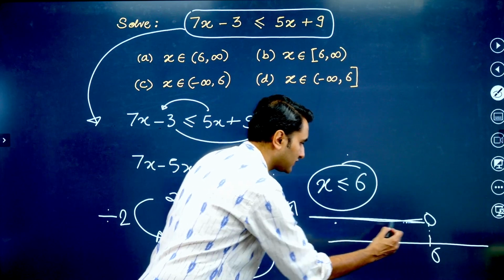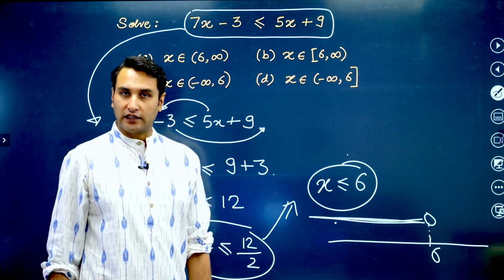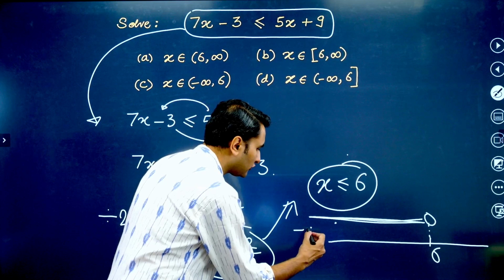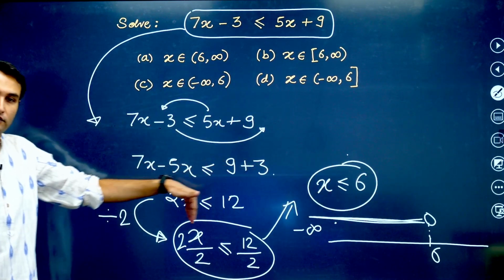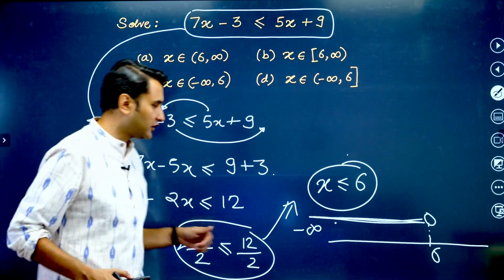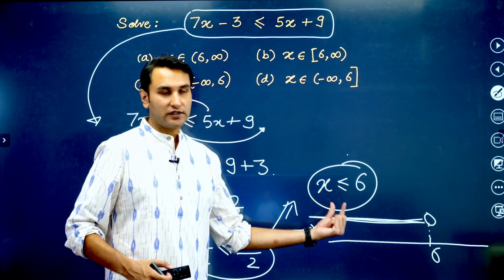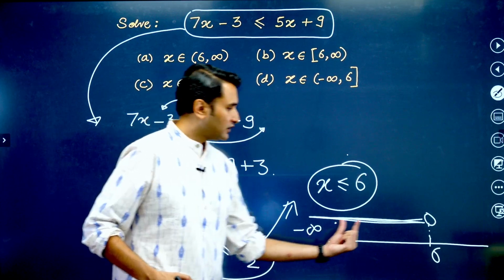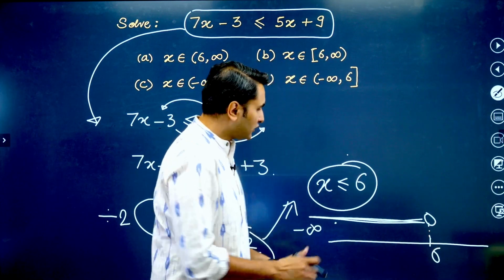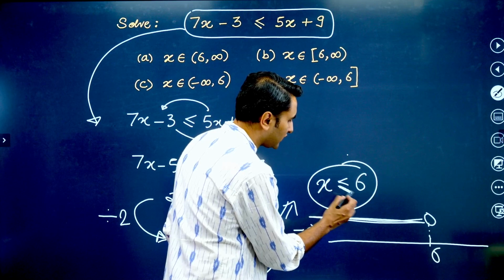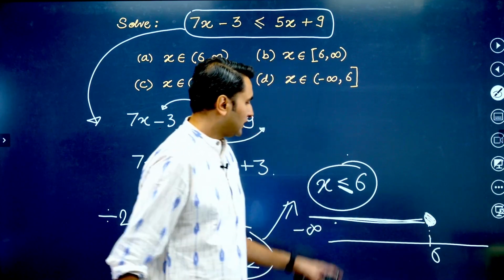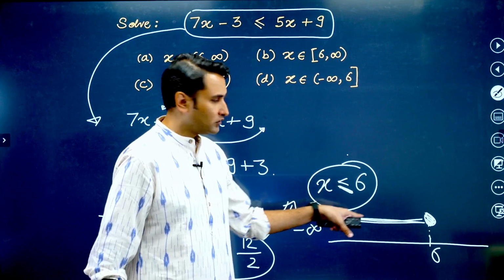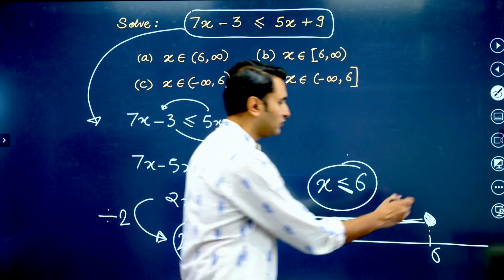In other words, you are coming in from minus infinity, because you can keep going towards the left till minus infinity. So you want all the numbers from minus infinity till 6, but you are happy to include 6 as well, equal to. So whenever you see less than equal to, you will make it closed.